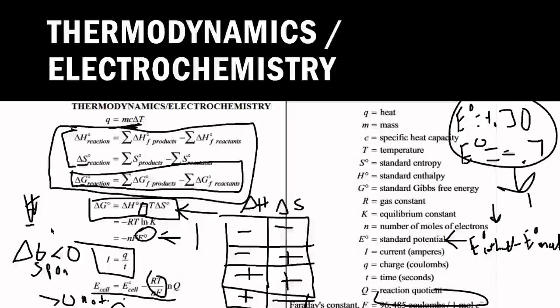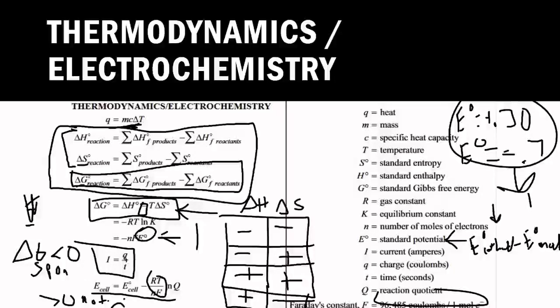Also, how determining spontaneousness from standard Gibbs free energy change, and also finding E cathode and E anode in general. That's also something we figured out.